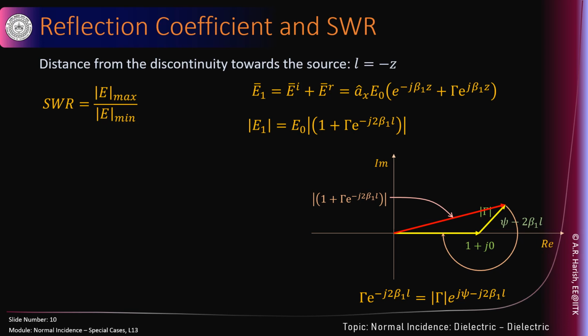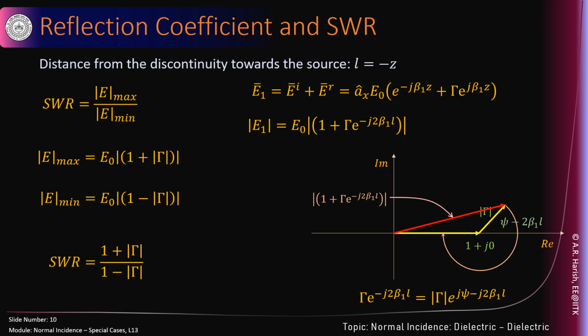At the rightmost point, the value of 1 plus gamma e to the power of -j2 beta 1 L will be a maximum, and at the leftmost point, it will be a minimum. The rightmost point corresponds to E max, where the magnitude is 1 plus mod gamma, and the leftmost point will be 1 minus mod gamma. Therefore, SWR is 1 plus mod gamma upon 1 minus mod gamma.